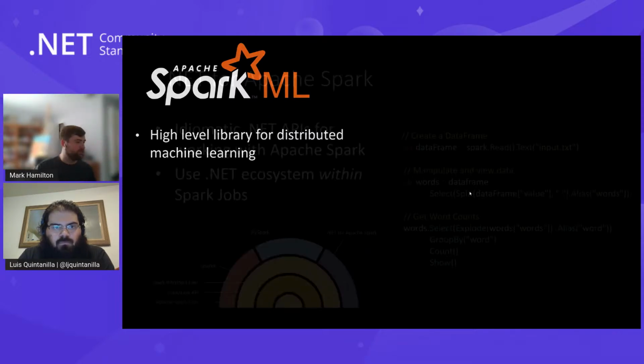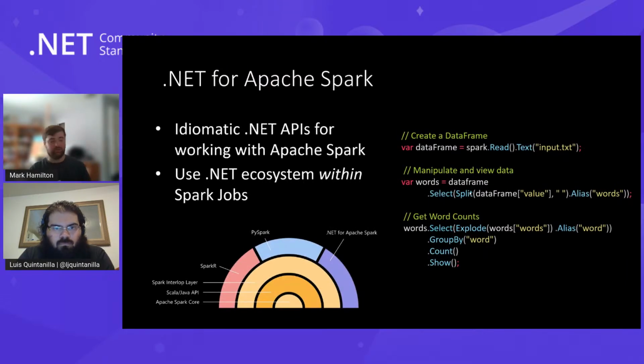Likewise, you can also take ML.NET named entity recognizers and apply them here with a user-defined function, or UDF. That's the way in Spark for you to take .NET code and inject it into your Spark pipeline. So if you have a named entity recognizer, you can also apply it like the split function, so long as you wrap it in a user-defined function. So hopefully that gives you a rough overview of the different ways you can put named entity recognition into the stack here.